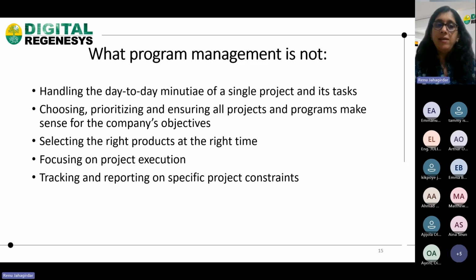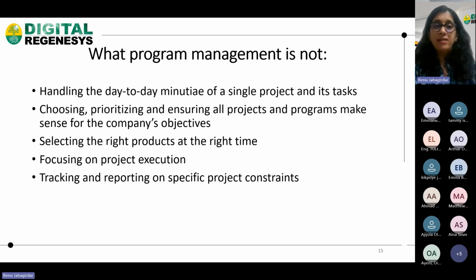Handling the day-to-day minute details of a single project and its tasks is not program management. Choosing, prioritizing, ensuring all projects and programs make sense for the company's objectives is not program management.